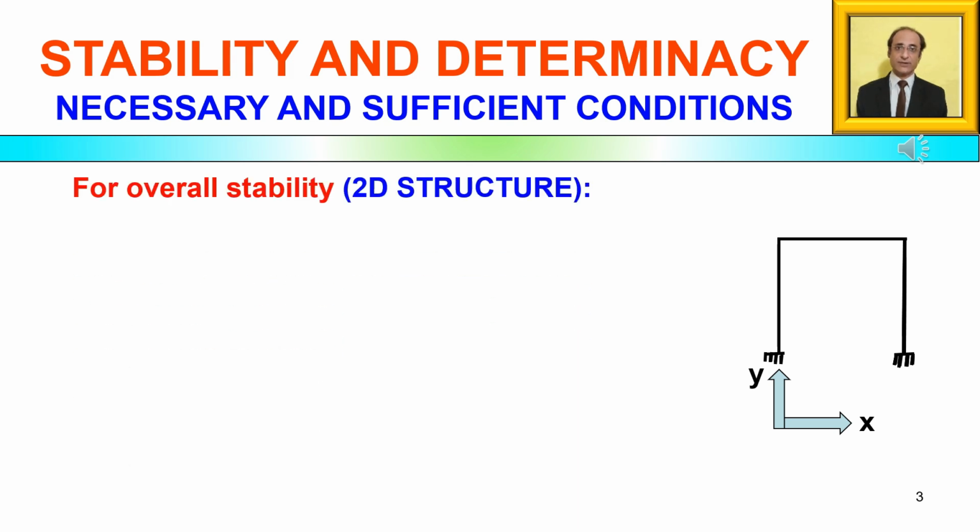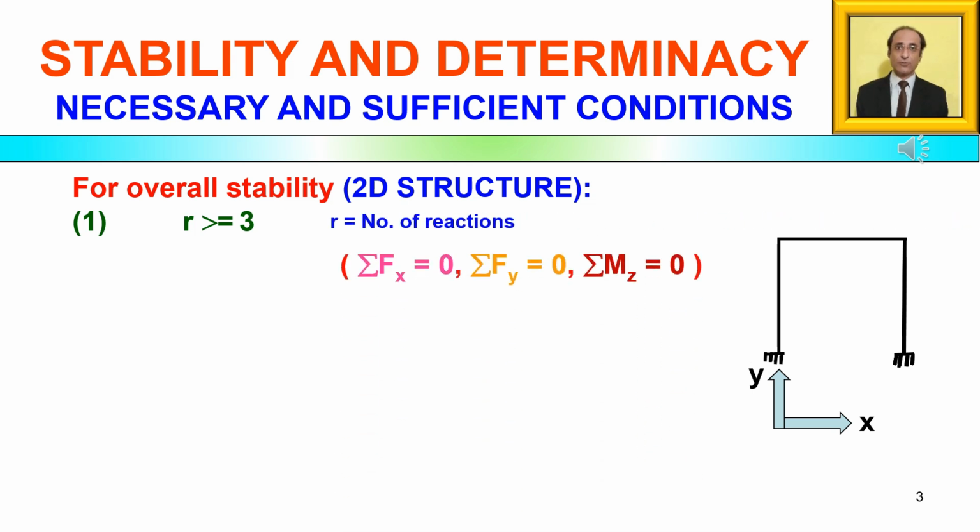If we have a 2D structure, then to be stable, it must have at least 3 reactions. The requirement of 3 reactions stems from the fact that the structure must satisfy equilibrium of forces in the x direction, equilibrium of forces in the y direction, and the moment equilibrium about the z axis. In addition to this minimum number of reactions, the structure should not suffer from any kind of geometric instability.